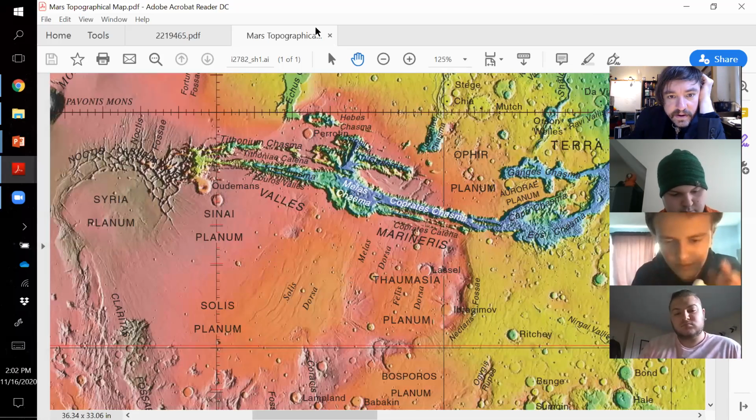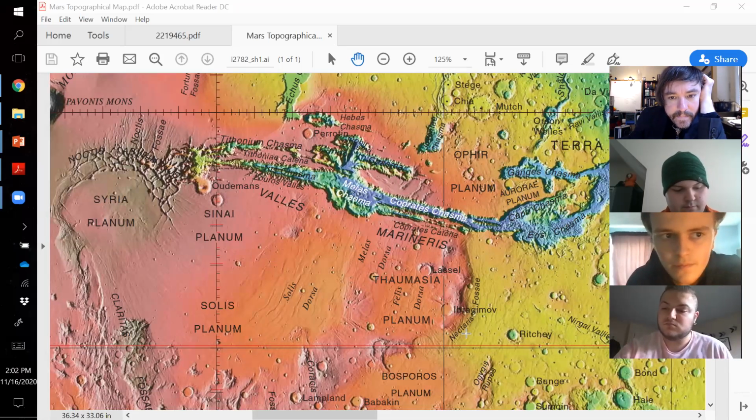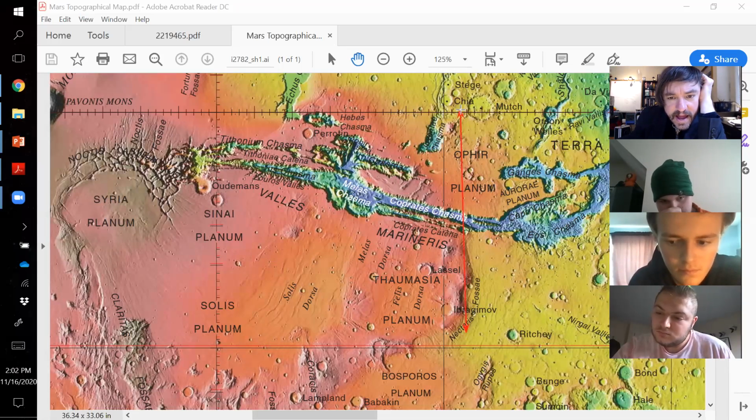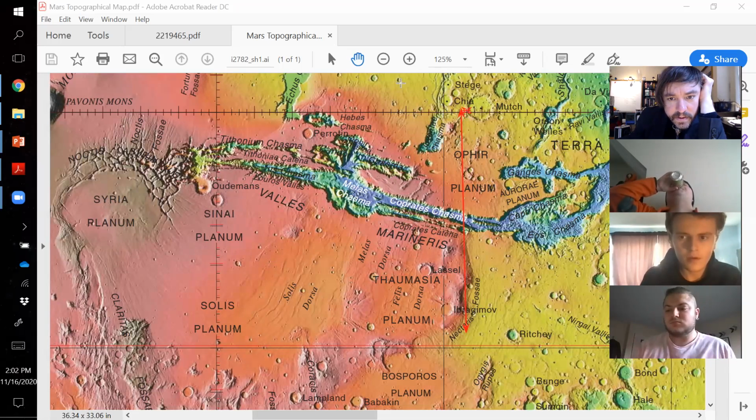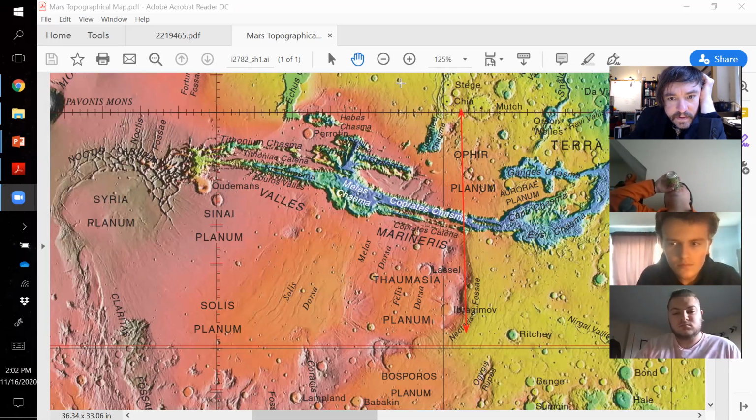Guys, let's see if we can figure out the longitude of the Nectaris Fossae. It seems to go to that tick mark there. Let's make sure I can make that really vertical. Okay.